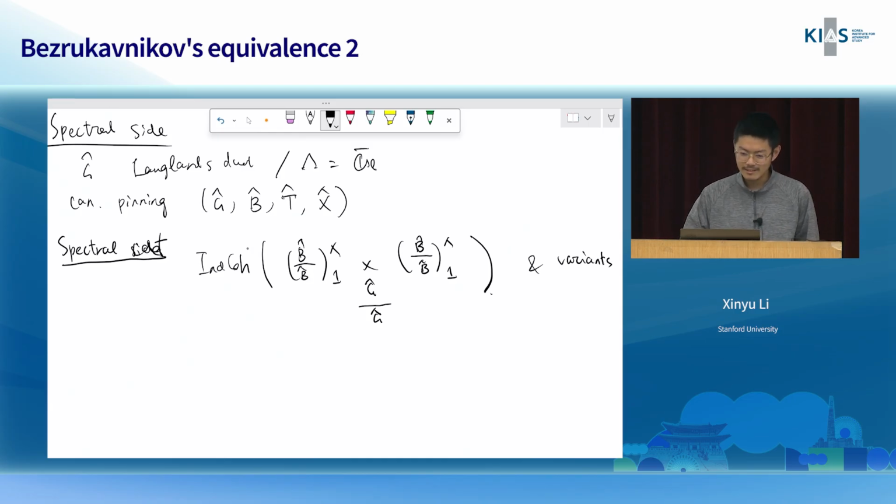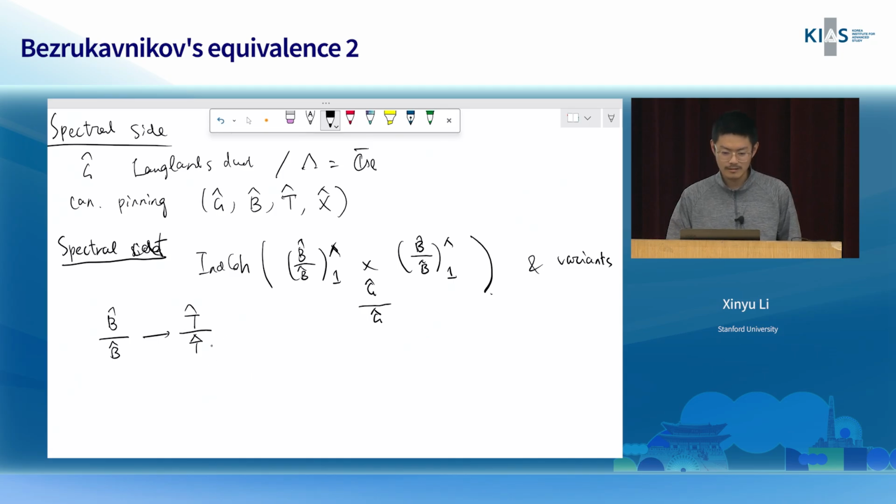So what is this formal completion? You have a natural map from B hat to T hat, which induces a map from this quotient to the adjoint quotient T hat mod T hat, but the T hat conjugation action on itself is trivial, and you have a natural map further to T hat.